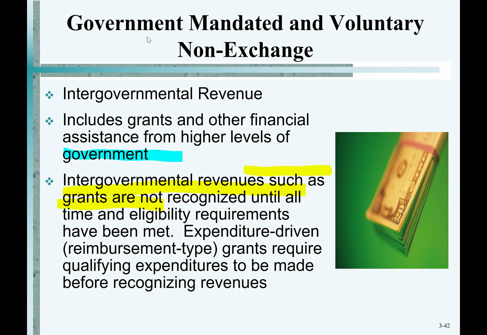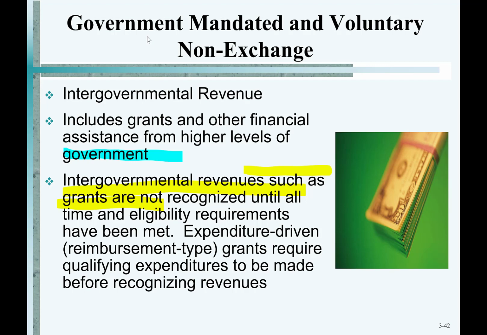Same for modified accrual and full accrual, but we had to keep our eye on the 60 days for modified accrual. For imposed non-exchange like fines and penalties, it's when the government has a legally enforceable claim. For things like licenses, it's when the licensee can engage in that activity, right?